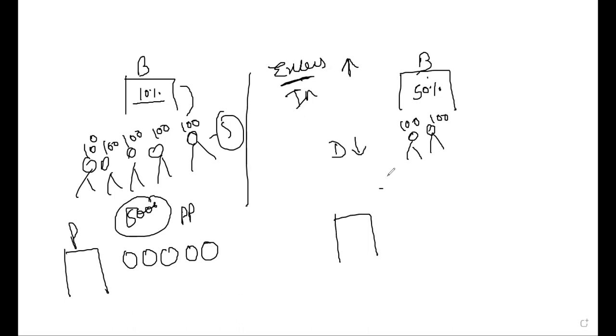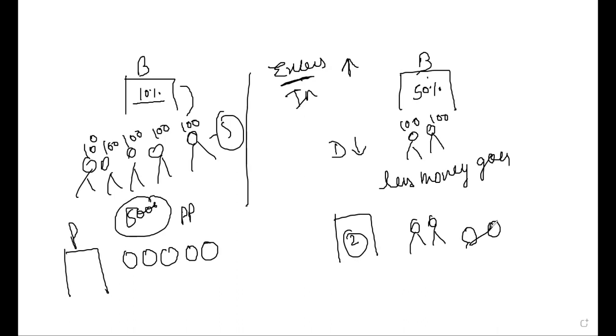So demand decreased, less money goes to the economy, right? Less money goes to the economy. And then they will go to the pizza shop and demand only 2 pizzas. Why? Because they have only 2 rupees. So basically what happened? Their purchasing power got decreased, right? Their purchasing power got decreased, and somehow the problem of excess demand was corrected. Clear?